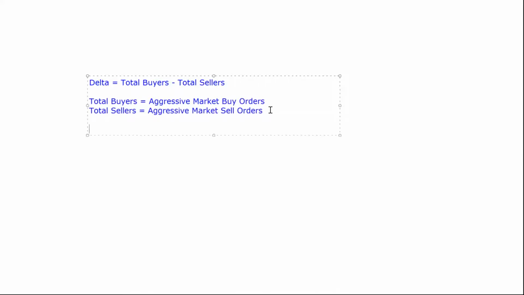Okay, so if delta is positive, that means buyers are in control for that particular bar. And if delta is getting negative, then that means sellers are in control for that particular bar.